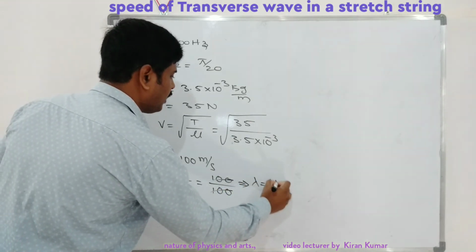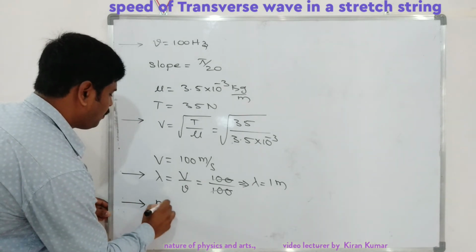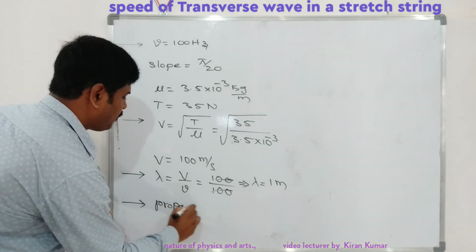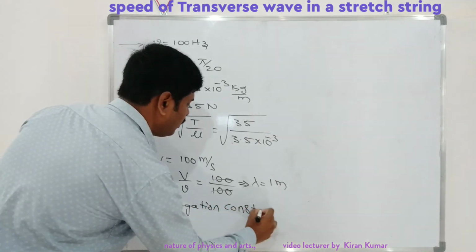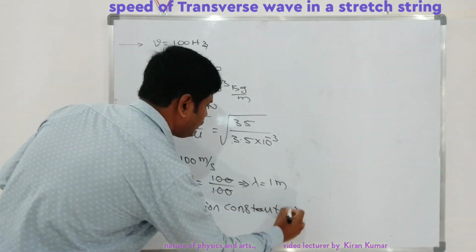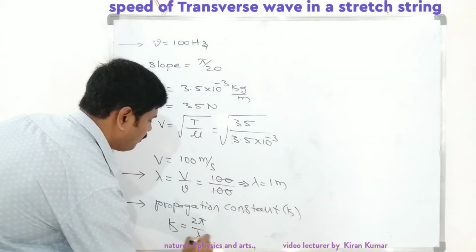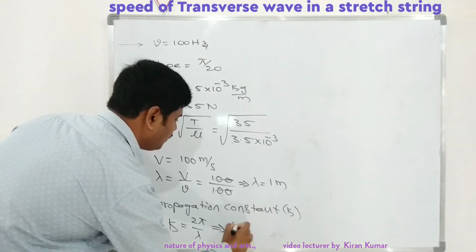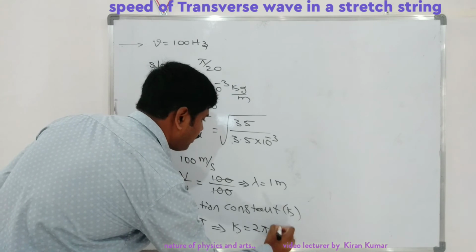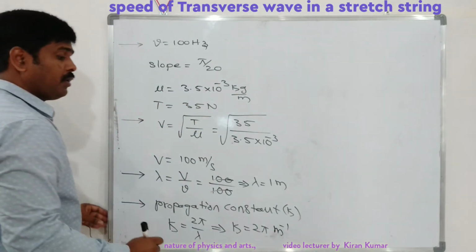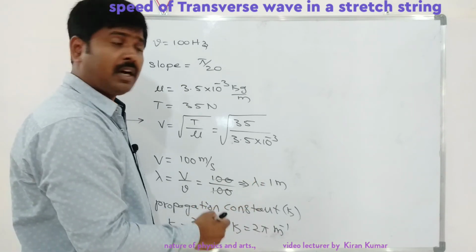Lambda value is 1 meter. Next, propagation constant is k, so k is equal to 2 pi by lambda. So k is equal to 2 pi per meter, because lambda is equal to 1. This option is wrong, but we have to do the remaining also.